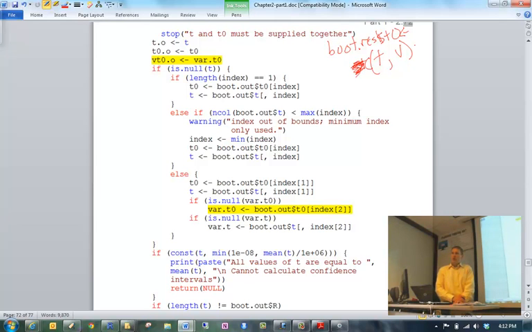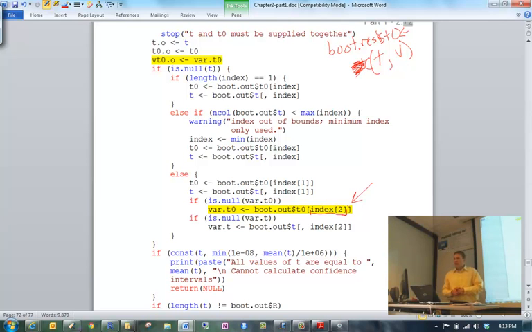So in order to know that boot.ci actually picks the variance correctly out of boot.res $T0 and also boot.res $T, you need to know what's going on. And the key portion of the code is right here. Without going into all the details, it's a little more complicated than what I'm describing right now.